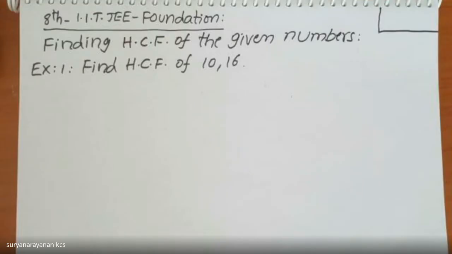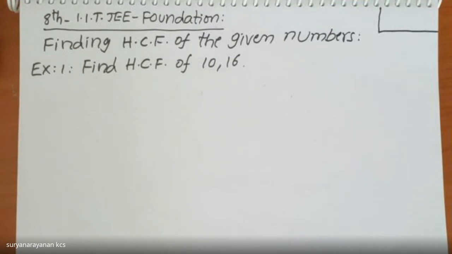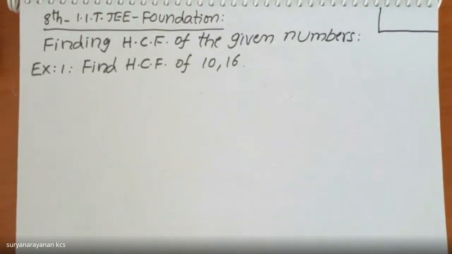What is the highest common factor? Sir, 2. Which method you followed, my dear Jordan, to find HCF? I wrote all the factors, sir, and then I found the common factor. Okay, very good, my dear Jordan.